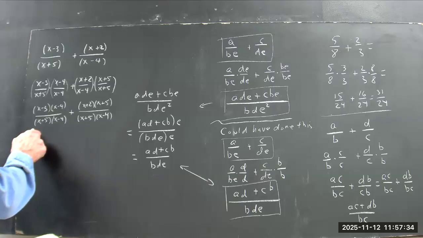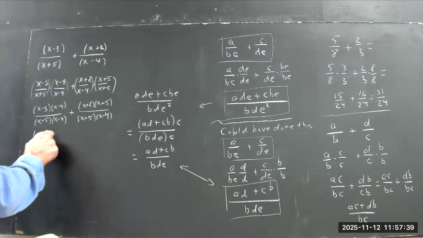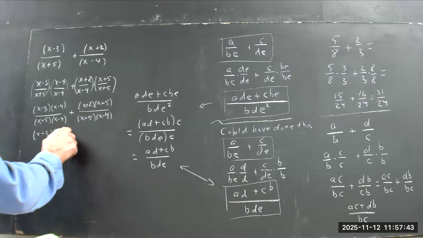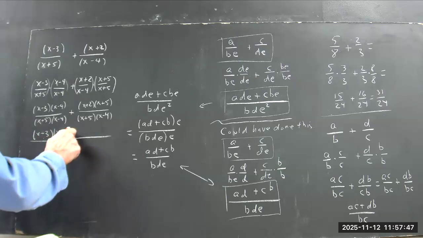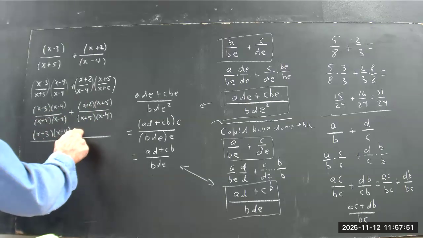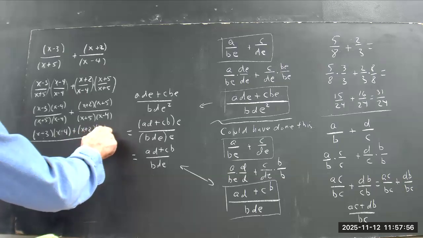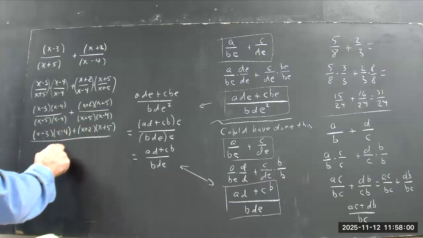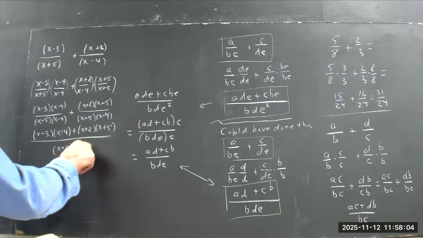Having done that, we can write a fraction with the numerator equal to the sum of the numerators of the two fractions, all over the same denominator, x plus 5 times x minus 4.